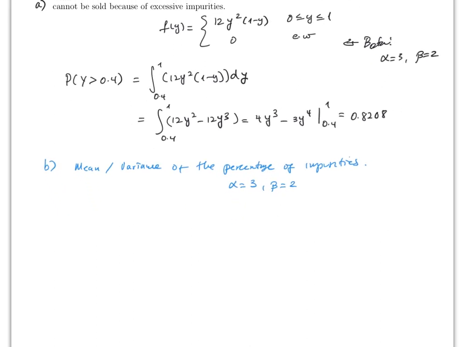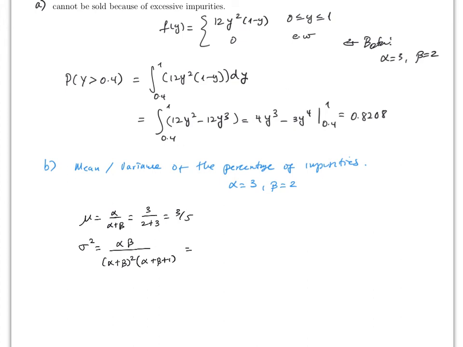All right, so therefore the mean, remember, was alpha over alpha plus beta. So in this case it will be 3 over 2 plus 3, which is 5. 3 over 5. So that's the mean. Now the variance, remember, is equal to alpha beta divided by alpha plus beta squared times alpha plus beta plus 1.